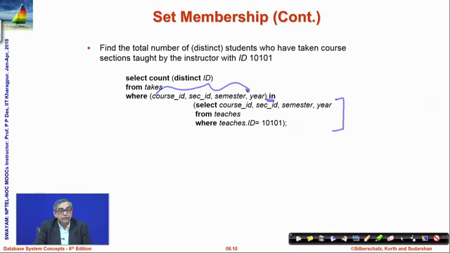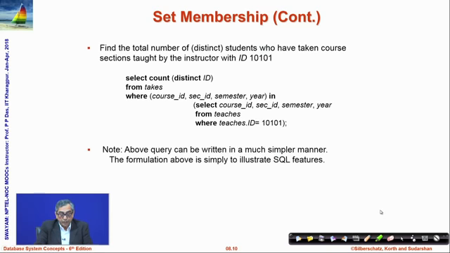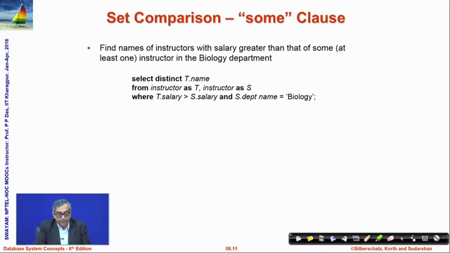If it does, then take out that ID, which will turn out to be the student ID in this case, because the takes relation has the student ID. Take out the student ID and count it as distinct. So, this can simply give you the answer to this query. Obviously, we agree that this can be written in a simpler form also, but we are including it here just for the sake of illustrating the feature.